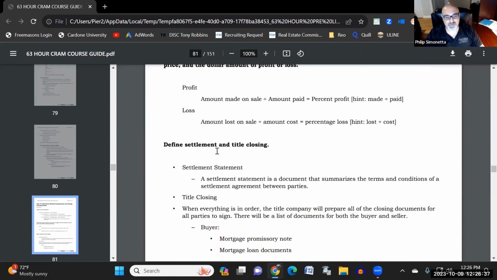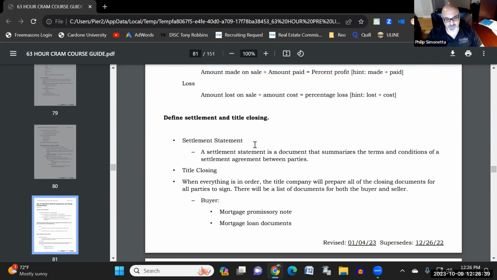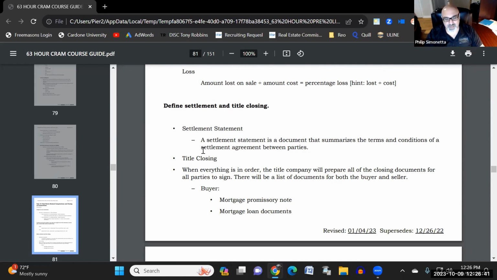Now we need to be able to define settlement and title closing. So a settlement statement is a document that summarizes the terms and conditions of a settlement agreement between the parties. The title closing is when everything is in order, the title company will prepare all the documents for closing and all parties will sign. There will be a list of documents for both the buyer and the seller.